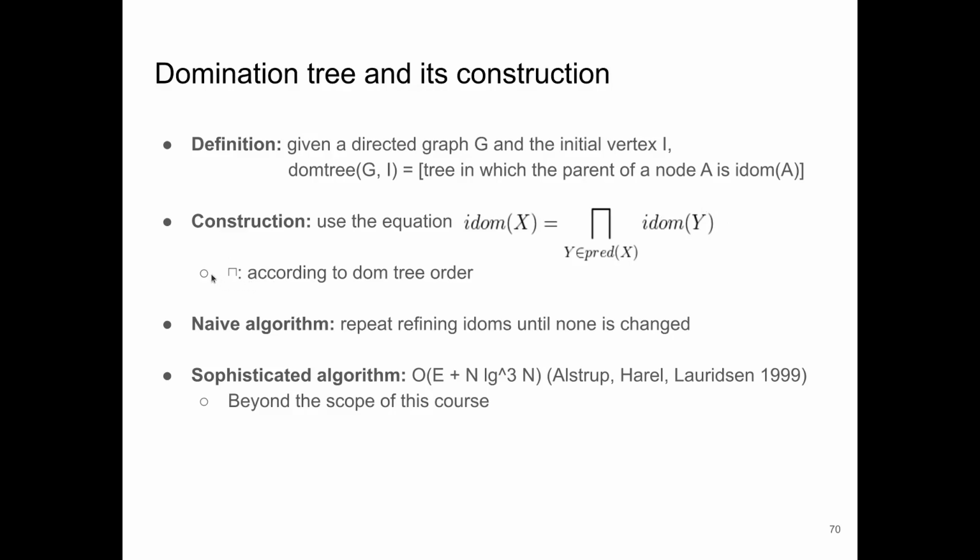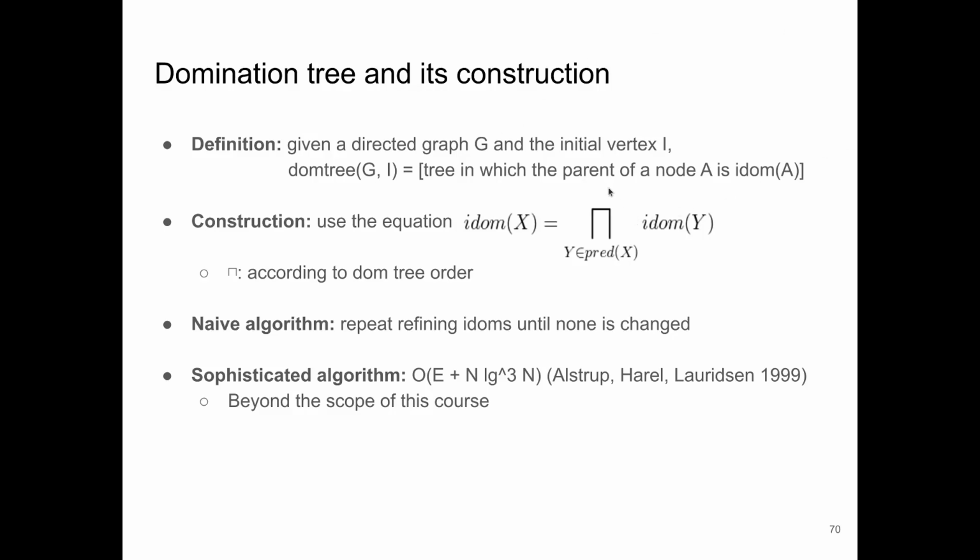And here, this least element is according to the DOM tree order. For two vertices in the graph, A is less than or equal to B if A is the parent of B, or the parent of the parent of B, or the parent of the parent of the parent of B, and so on.